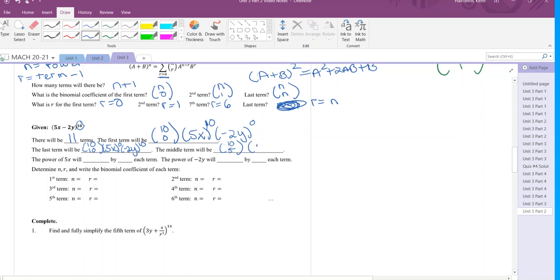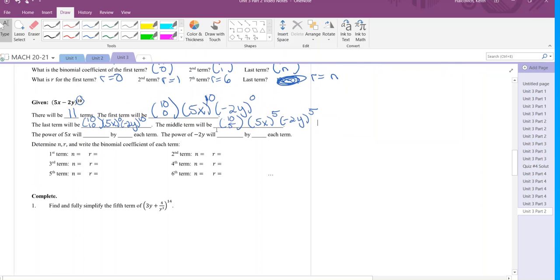And then it's going to be 5x to the 5th, negative 2y to the 5th, because the difference is 5 and the r is 5. So if you'll notice, when you do the binomial theorem, the power of the first term will always decrease by 1 each term, and the power of the second term will increase by 1 each term.